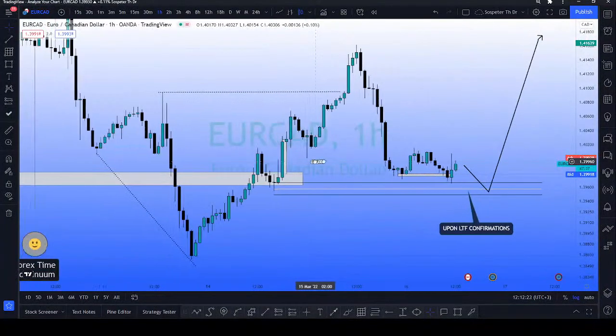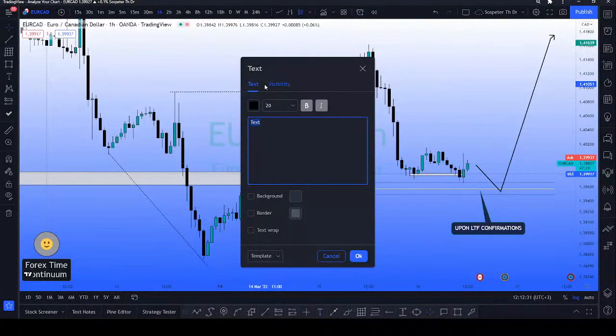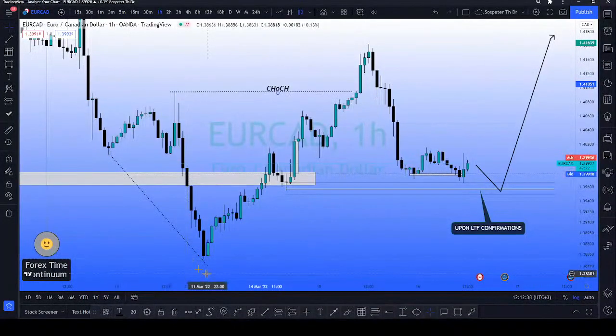We have this change of character to the upside. I'm concentrating on the data from here to here. So you have this change of character to the upside, and we have these low and lower low. I always tell you guys, a low is usually formed before the POI, and then a lower low grabs the impatient ones.